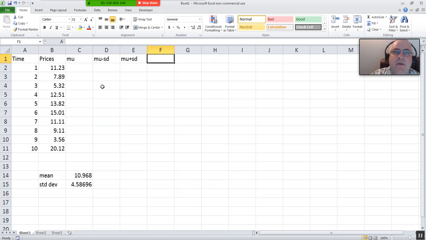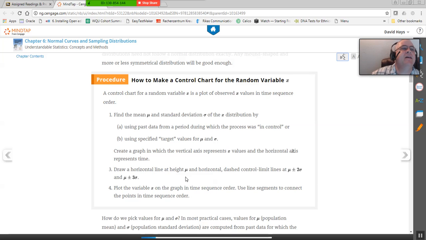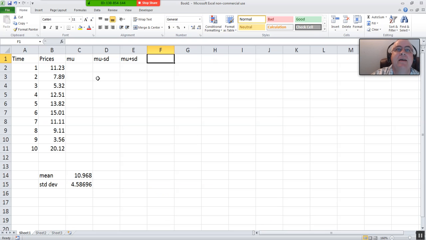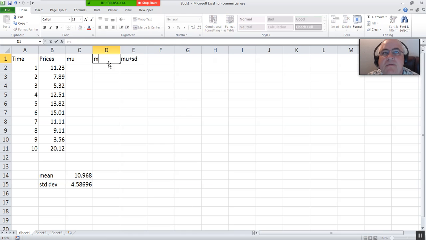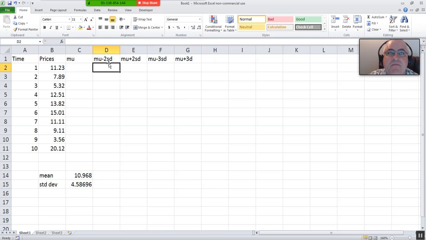Well, actually, I don't think they want 1 standard deviation now that I'm saying that. Okay, it says 2 standard deviations and 3 standard deviations. Okay, let's back up. This is going to be mu minus 2 standard deviations. This will be mu plus 2 standard deviations. This will be mu minus 3 standard deviations, and this will be mu plus 3 standard deviations.